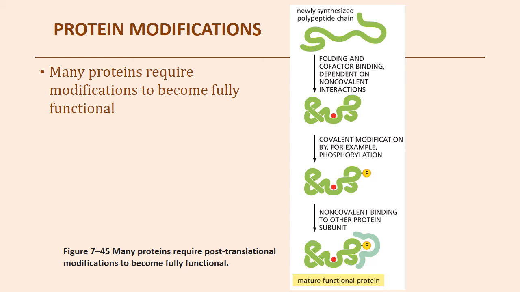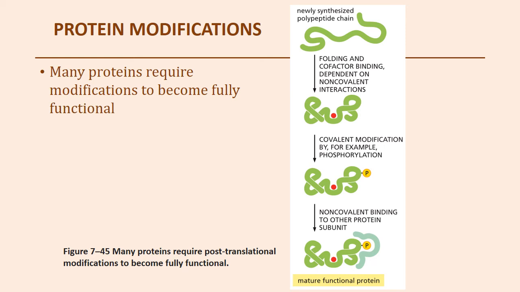So this little illustration right here just reminds you that in addition to having your polypeptide chain, you will also rely on things like your chaperone proteins, different cofactors that will allow non-covalent interactions to occur so that they can go ahead and be upgraded from a primary to a secondary, to a tertiary, to a quaternary structure.